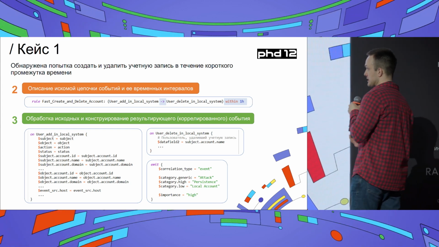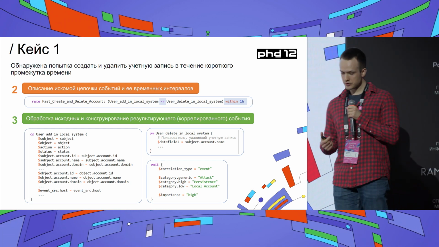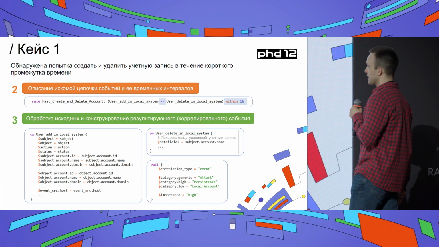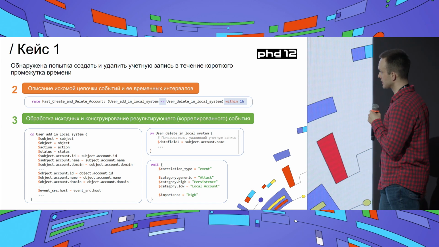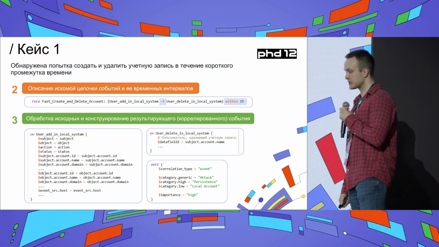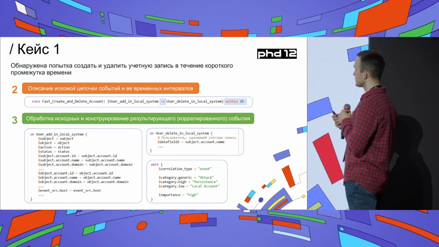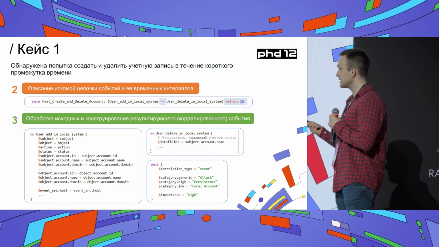We describe the case which we are interested in now. We have to describe the chain of events and its temporal intervals, how to create and delete accounts fast. So the time interval is 1 hour. We have several operators here.